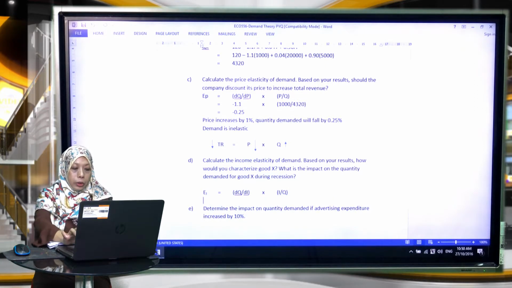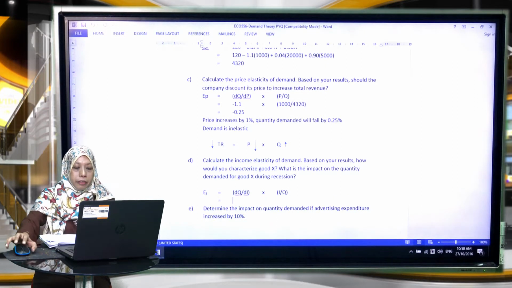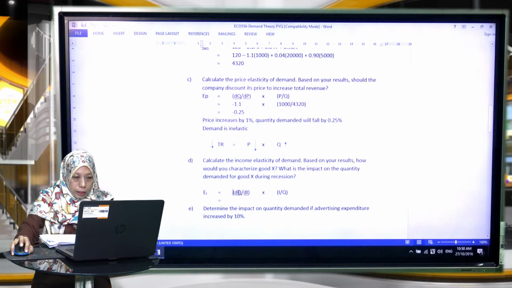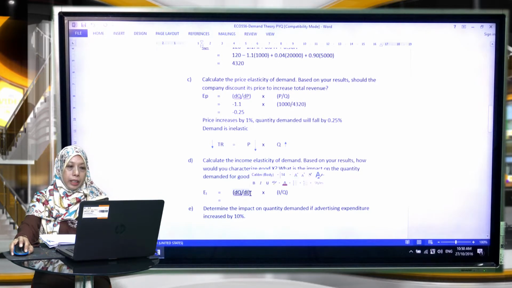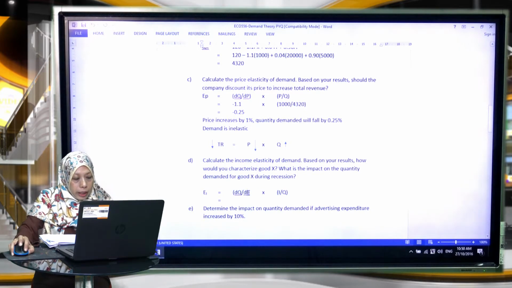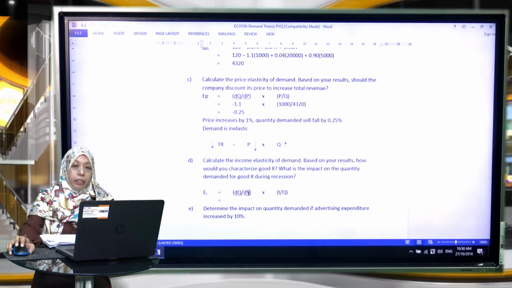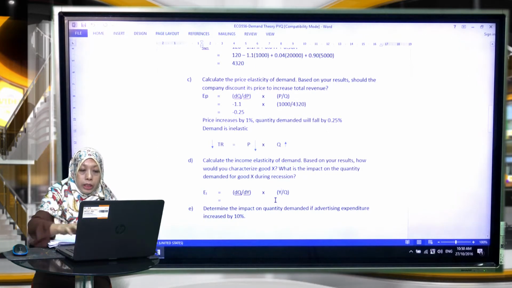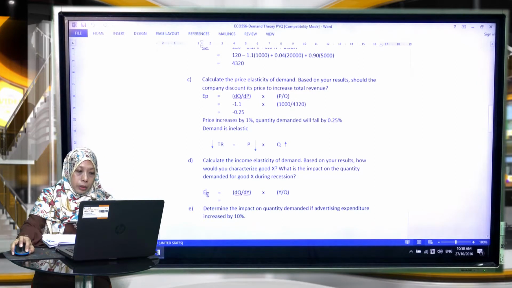Now, when you want to differentiate your Q function with respect to I, what do you need to do? I here refers to income. So if your income is Y, then simply use Y. If your income is I, then you can use I. It depends on the symbol that you use.